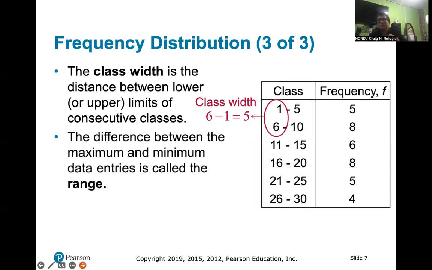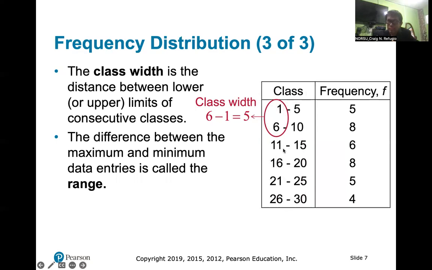We have also the term class width. The class width is the distance between lower or upper limits of consecutive classes. So for example, we have here 6 and 1. The difference is 5. And this difference is what we call the class width. 10 and 5. So 10 minus 5 will give you 5 also.